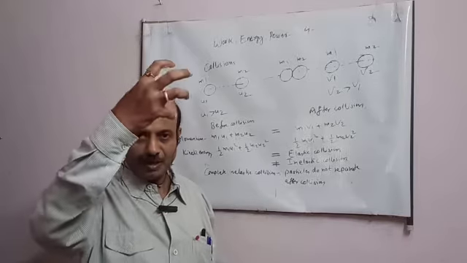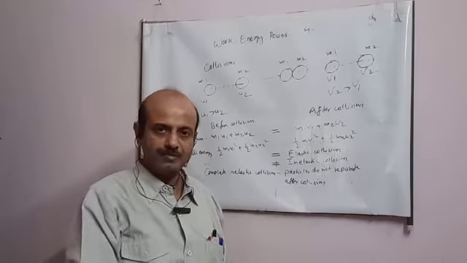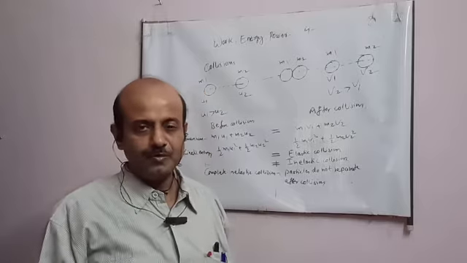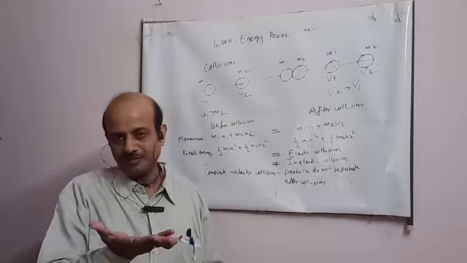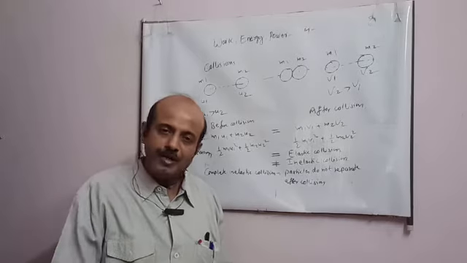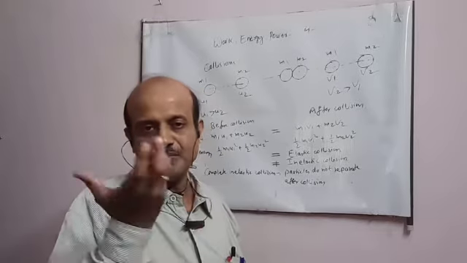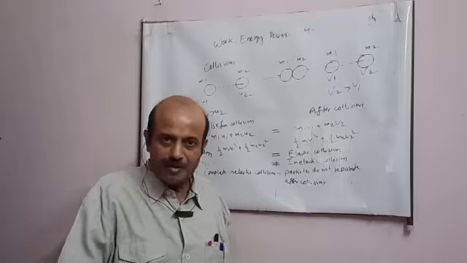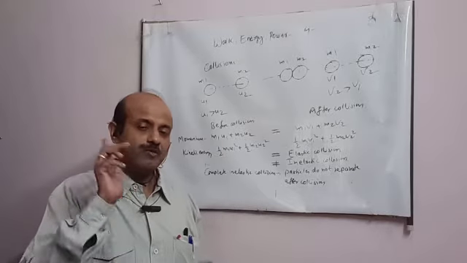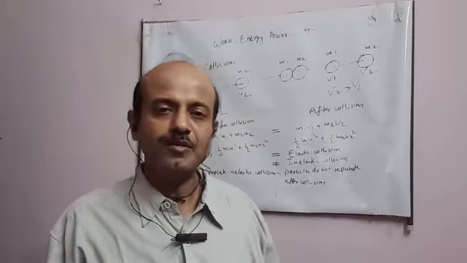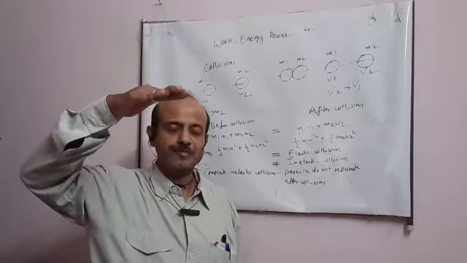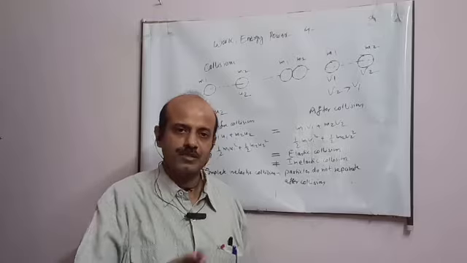Suppose it acquires the velocity 10 while falling to the ground. When it collides and rebounds, and that ball attains the same velocity and the same height while returning back, that means that collision is elastic. There is no loss of energy during the collision. It drops from a certain height and comes back to the same height.